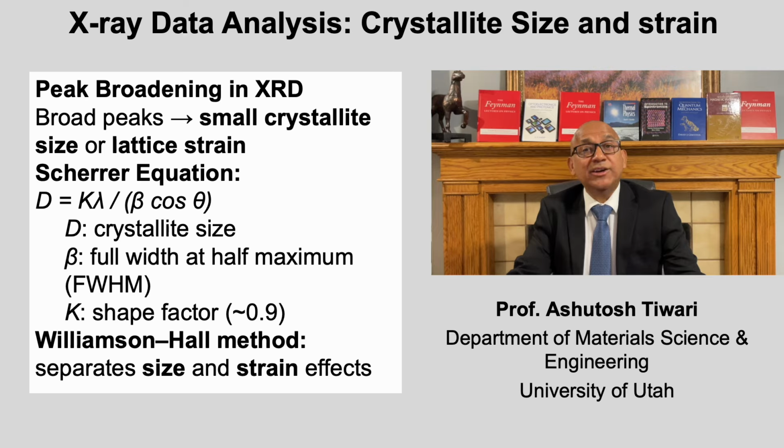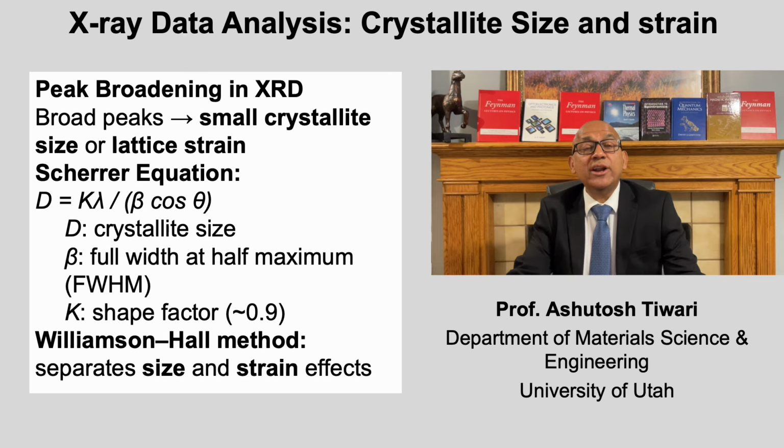To estimate crystallite size, we commonly use the Scherrer equation, which relates the crystalline dimension to the wavelength of the X-ray, the peak width at half maximum, and a shape factor. A larger full width at half maximum corresponds to a smaller crystallite size, so this simple relationship provides a first order estimate of nanoscale dimensions.